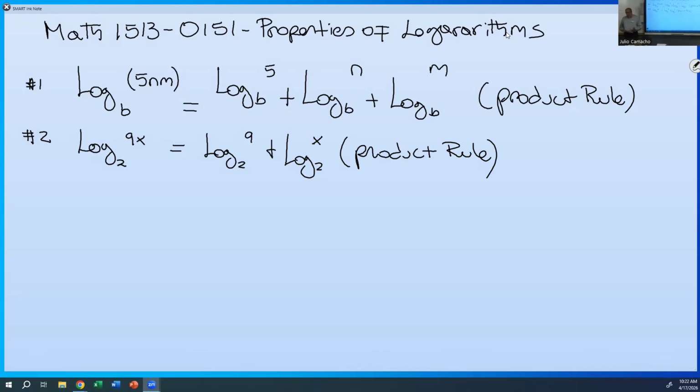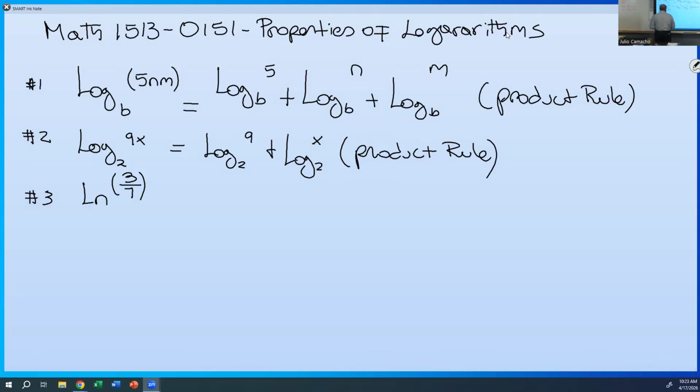Any questions so far? Okay. But let's go to our third example. Example number 3. We have the natural log of 3 over 7.